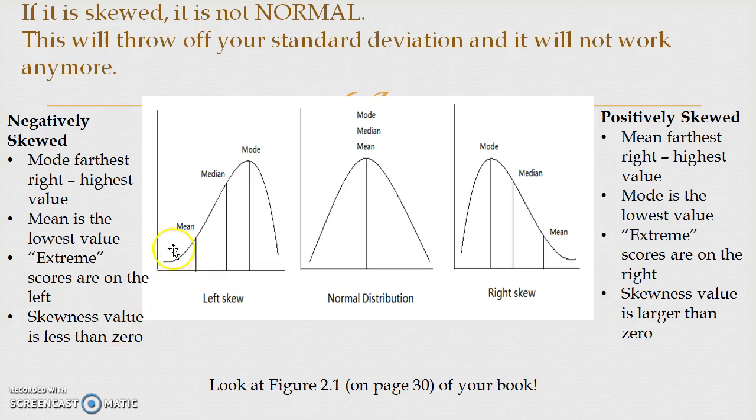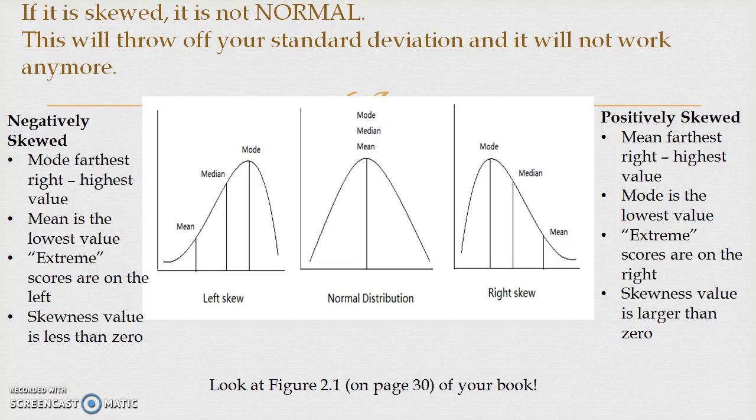So if you have outliers, or extreme scores, this is a negatively skewed distribution, which means that the mode is the highest value and the mean is the lowest value. So your extreme scores are basically towards your left. The skewness value is less than 0 for this.